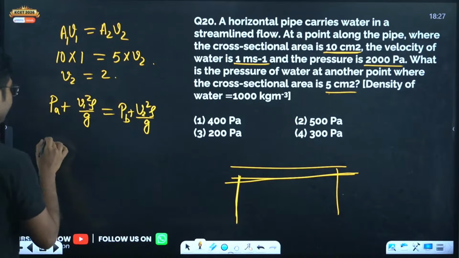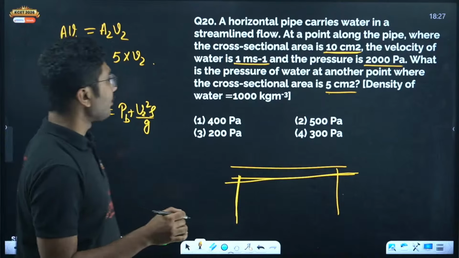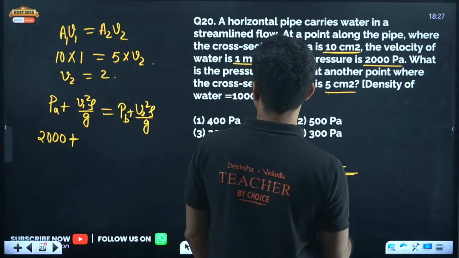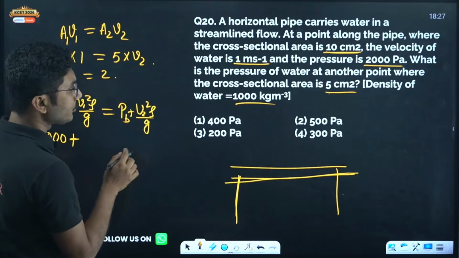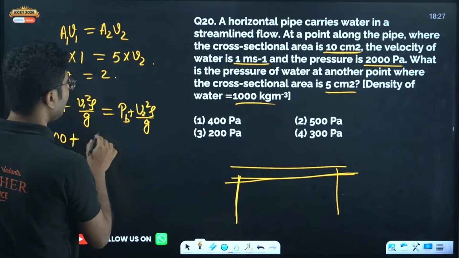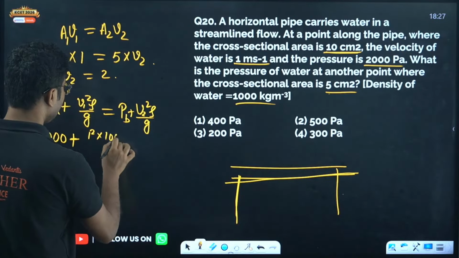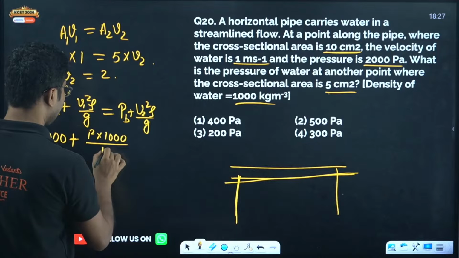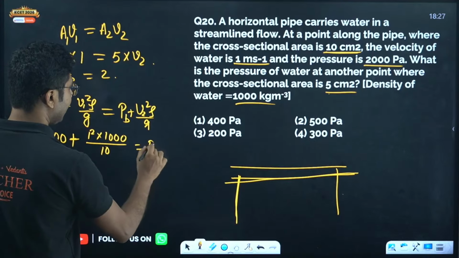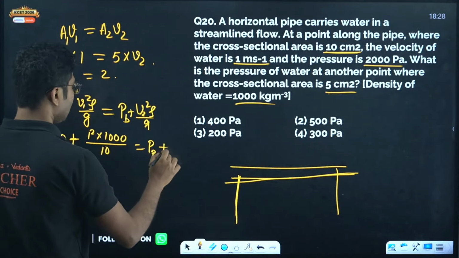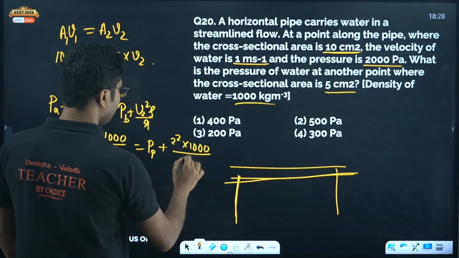Now we have to use this formula: 2000 pascals plus V square, rho is given here 1000 kg per meter cube, so it will be 1 square into 1000 divided by 10 equals PB plus 2 square into 1000 divided by 10.